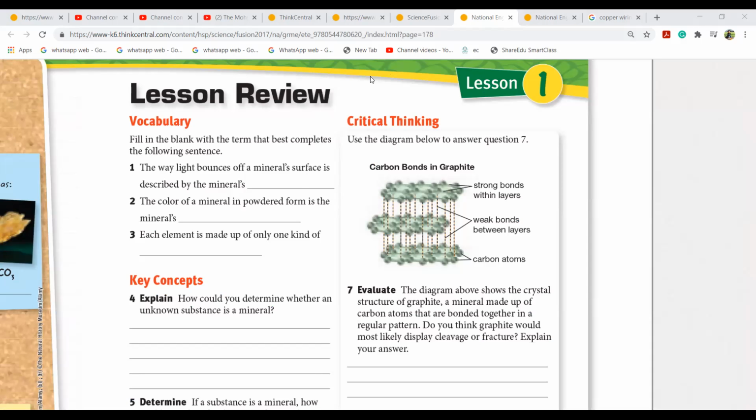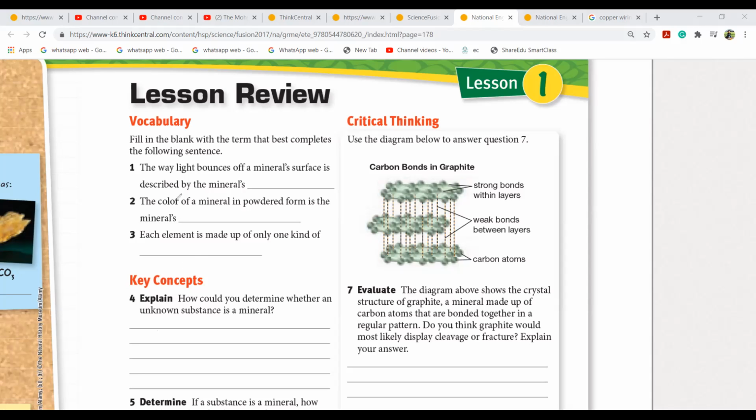Girls, what is this? Atom. Excellent. Very good, Noor. It's an atom. An element is made up of an atom. Then we have element, then we have molecules and compounds.